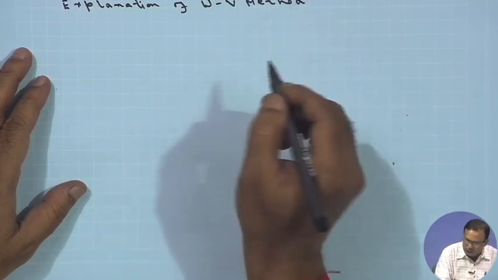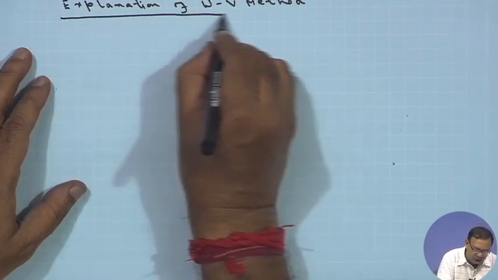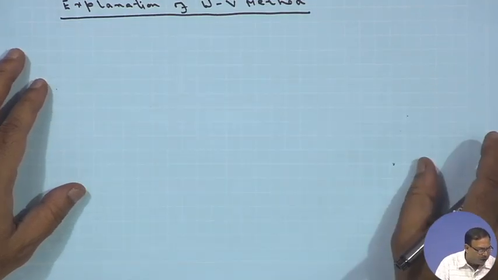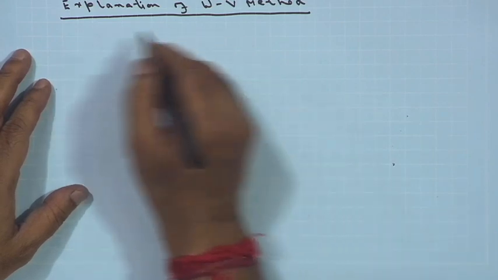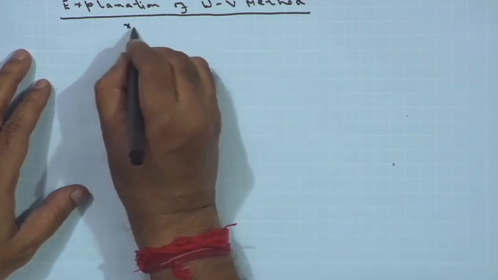The explanation we call the UV method, or sometimes the method of multipliers. So, basically what do we want?